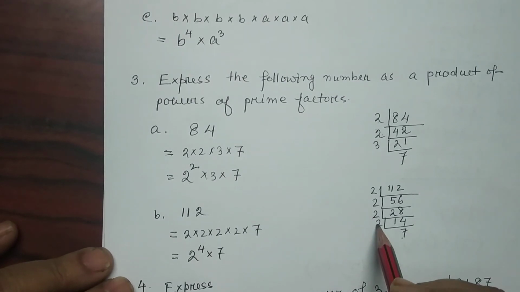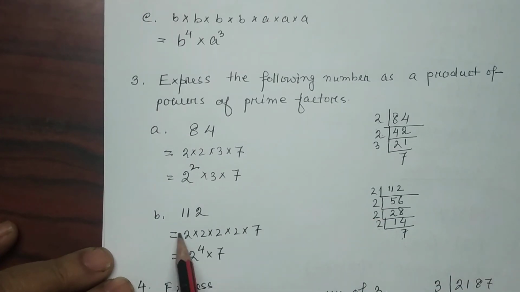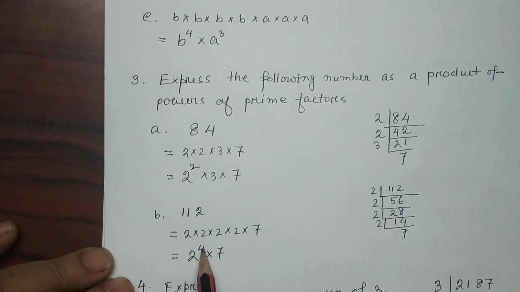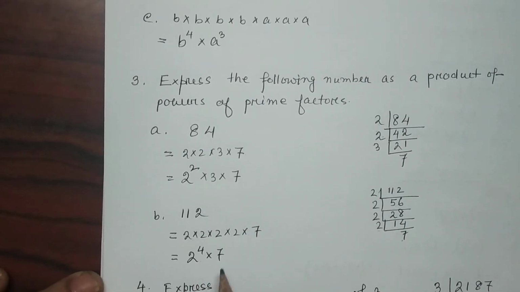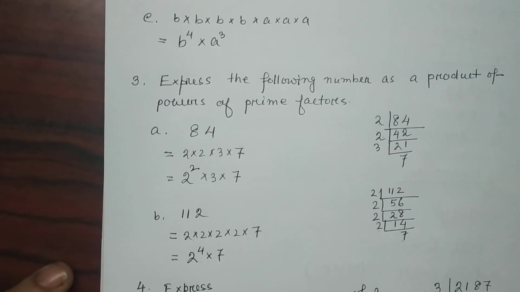Now this one, 2 how many times? 4 times. That's why 2 4 times and 7 1 time. Therefore these 4 times we express in the exponential notation 2 raised to the power 4 into 7. This way we express product of primes.